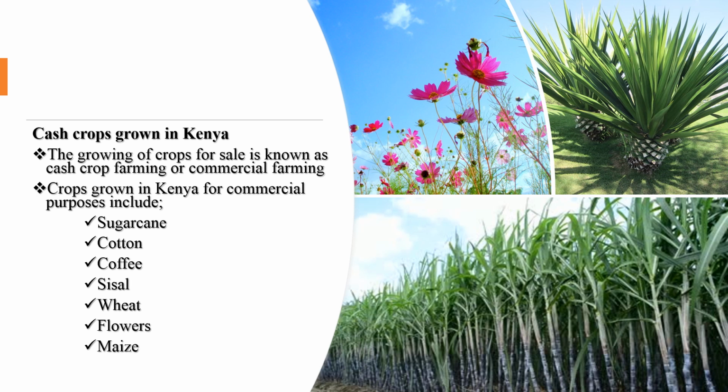The growing of crops for sale is known as cash crop farming or commercial farming. These are the crops that we want to delve into deeper to find how they are grown, the conditions necessary, where they are grown, and their importance in our lives. So in the next videos, make sure that you are ready to get every piece of these crops.